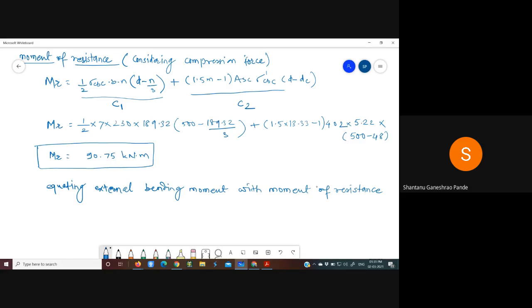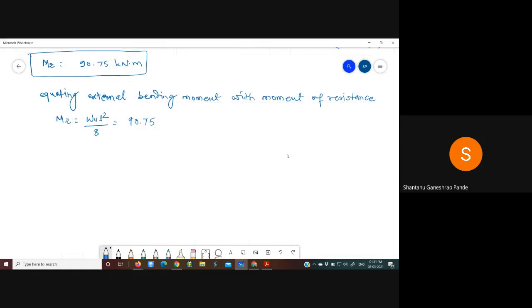This was a simply supported beam subjected to UDL, so the maximum bending moment will be WU L square by 8, and this is equal to 90.75. Find WU from this expression. L value is 5, so WU equals 90.75 multiplied by 8 divided by L square, that is 5 square. Now tell me the value of WU.